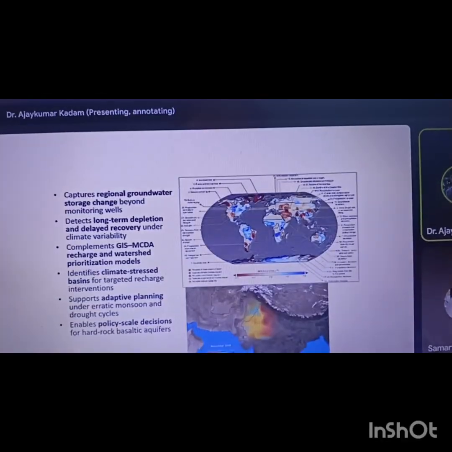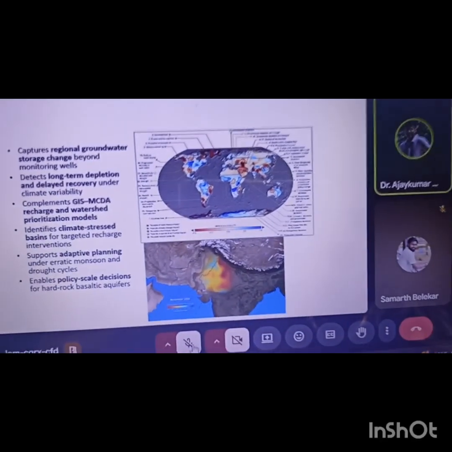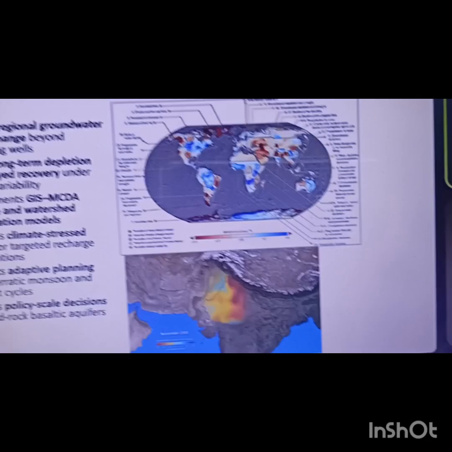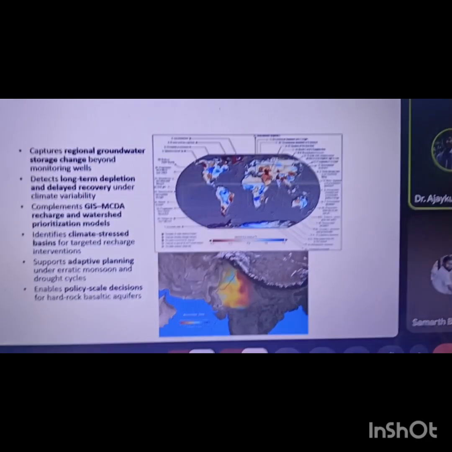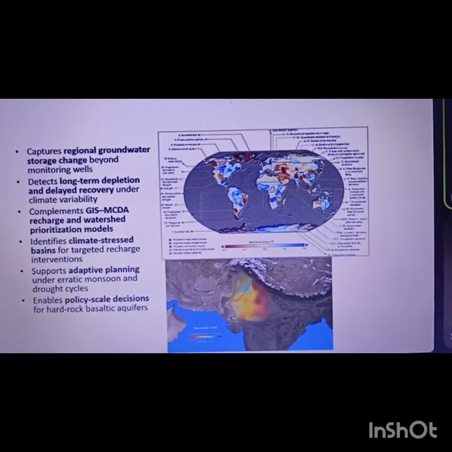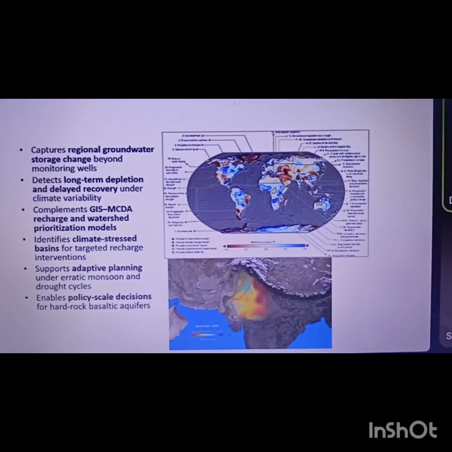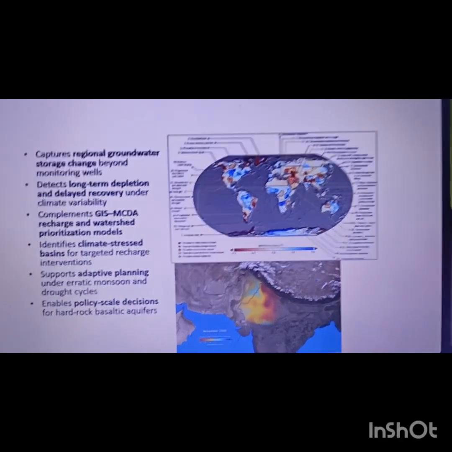These are some of the case studies that we captured that give the regional groundwater storage beyond the monitoring wells. Whenever you want to analyze major areas, GIS and remote sensing give you the synoptic view.